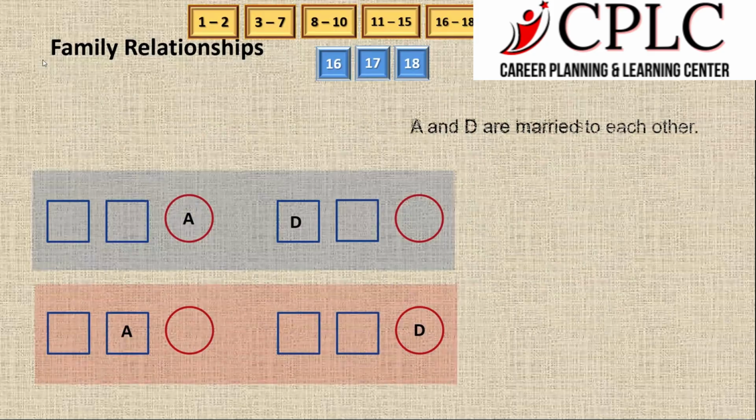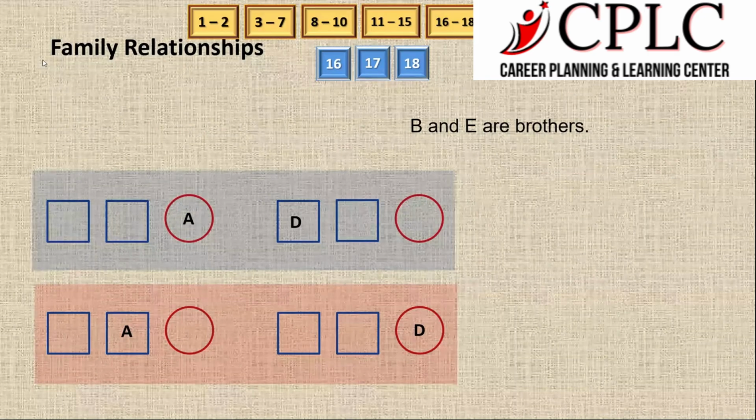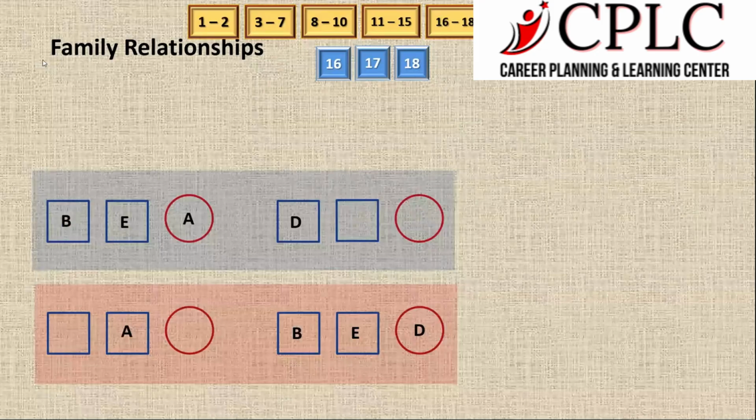Then it is said that B and E are brothers, so we'll put B and E in squares in a common triplet. Then it is said that C and F are the remaining members. So we'll write C and F in this way. As we don't know their specific genders, we will put C/F in square and in circle in both the possibilities.